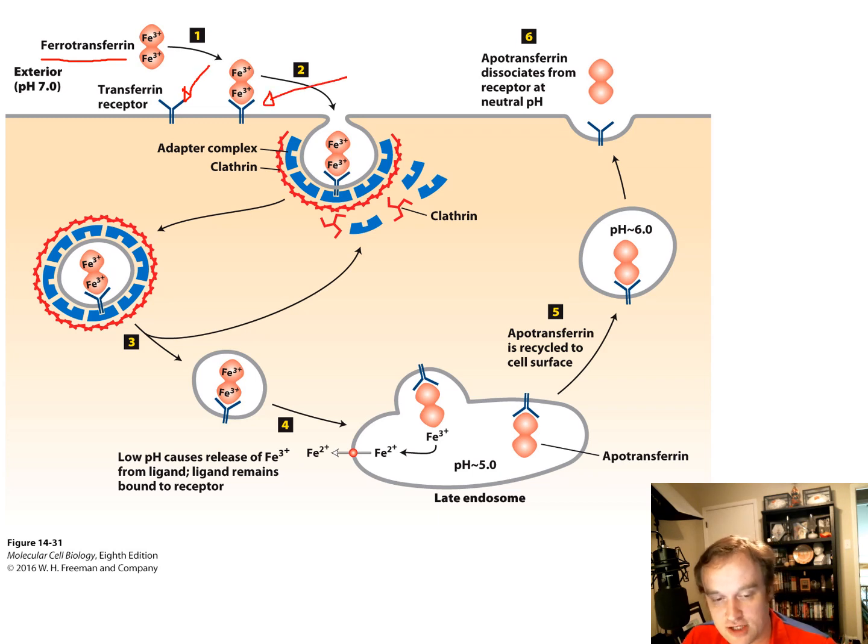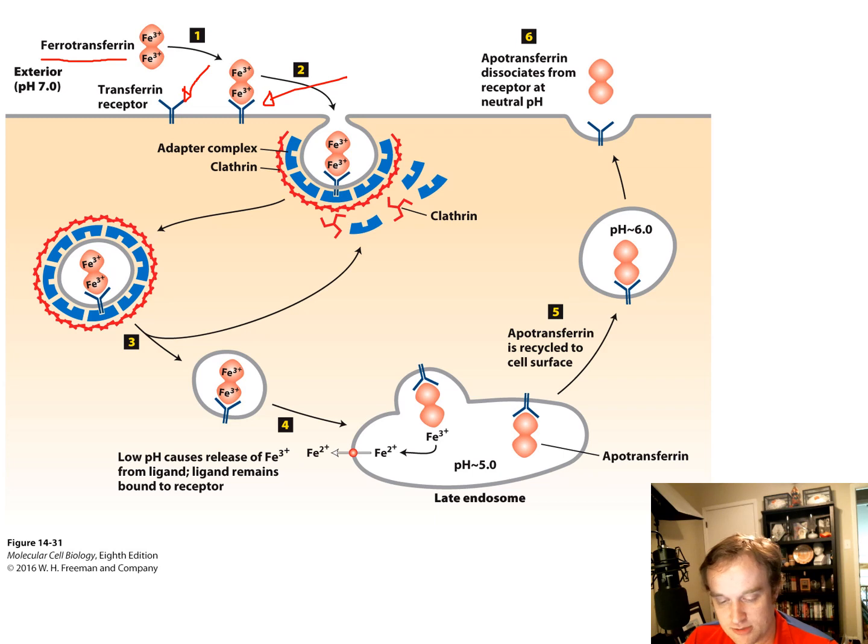The transferrin receptor, the cytoplasmic tail, interacts with an AP2 adapter complex, which incorporates the receptor and the bound ferrotransferrin into this endocytic clathrin-coated vesicle.